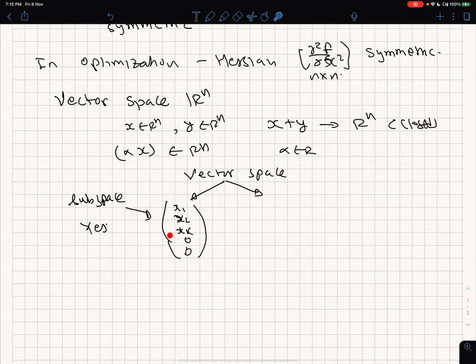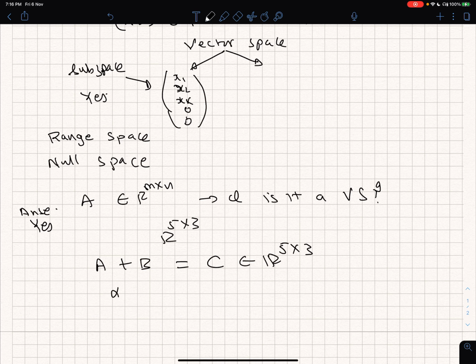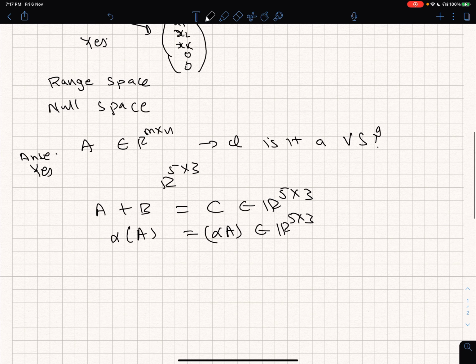Now you take matrix A from there, you take matrix B from there, and you add them, you get C. The C is also a 5 cross 3 matrix, is it not? And if I scale this by, let's say, alpha, a scalar, this alpha times A matrix that I am going to get is also a 5 cross 3 matrix, is it not? So therefore, closed under addition, closed under scalar multiplication, right?